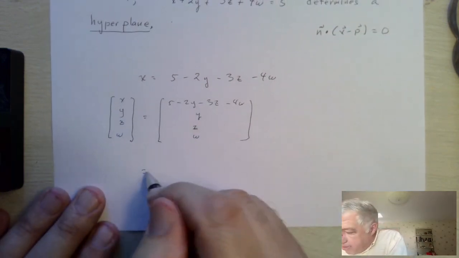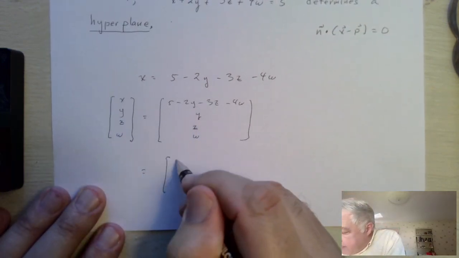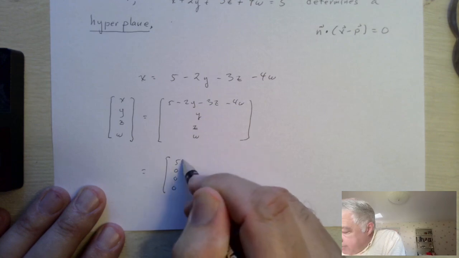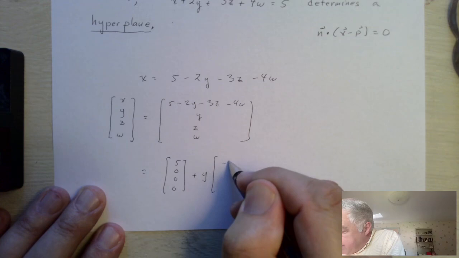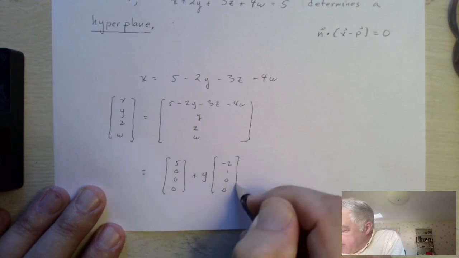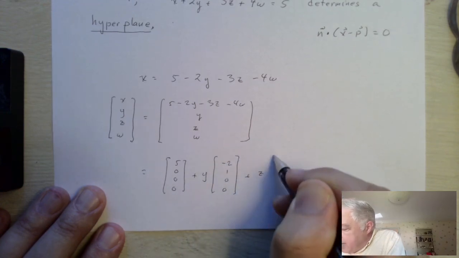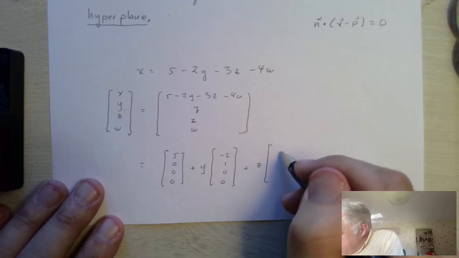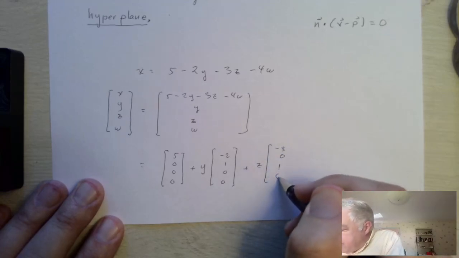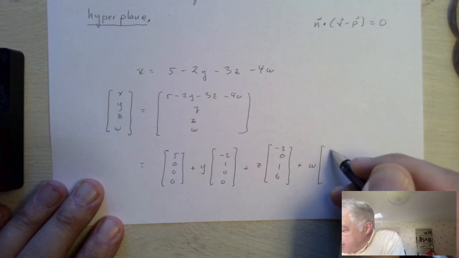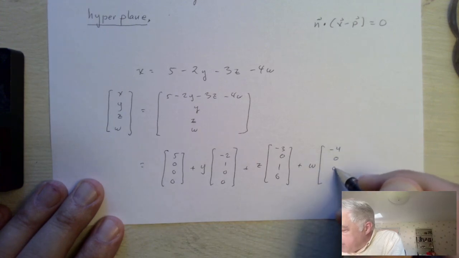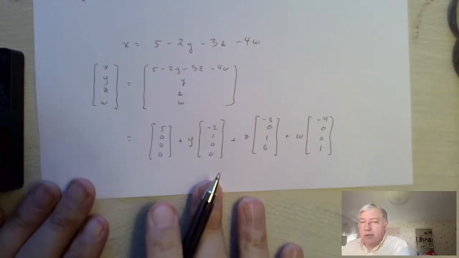And this can be written as 5, 0, 0, 0 plus y times negative 2, 1, 0, 0 plus z times negative 3, 0, 1, 0 plus w times negative 4, 0, 0, 1. Okay.